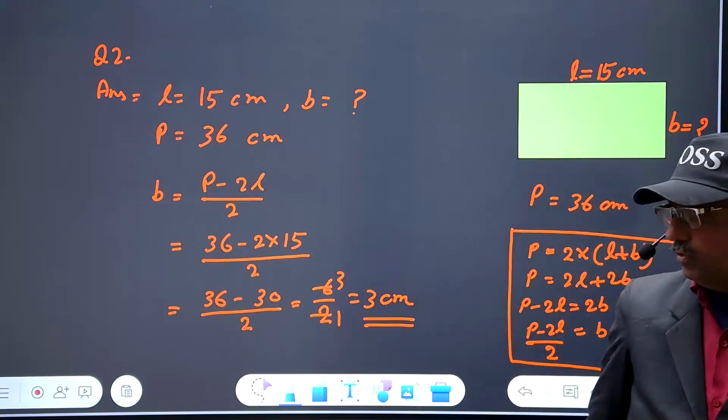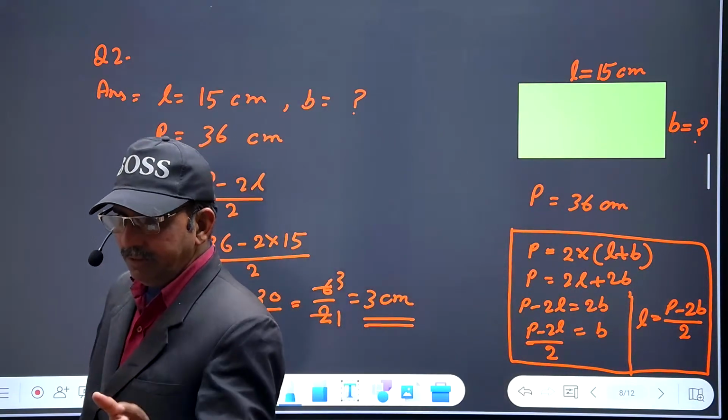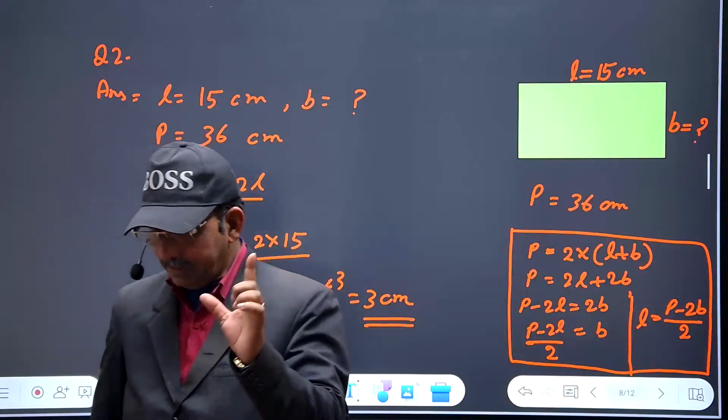So by this process you can find out the breadth if length and perimeter are given of a rectangle. Is it clear?